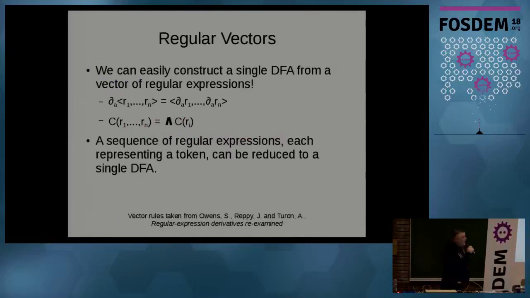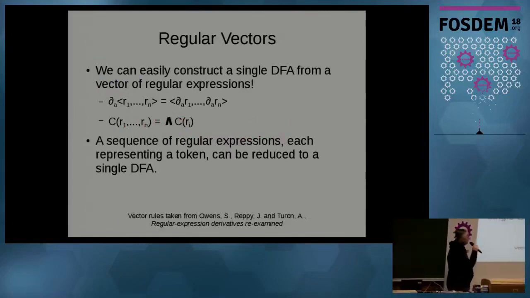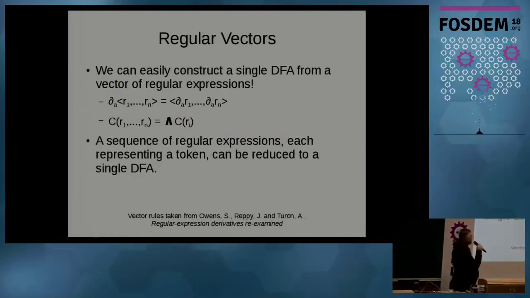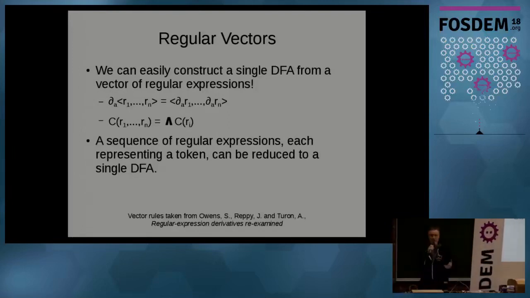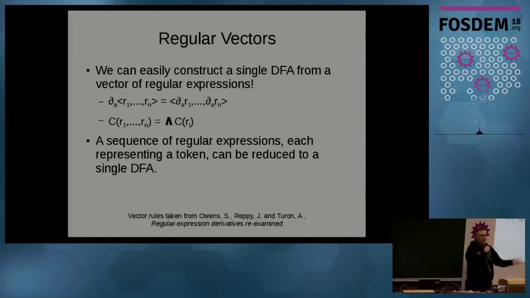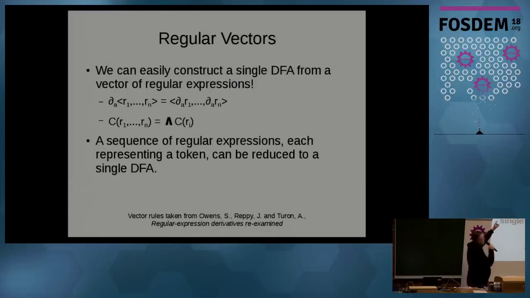And this is the last and perhaps coolest thing. Rather than do this for one regular expression, we can run this algorithm over a vector of regular expressions, a list of them. And that's very simple: if we want to take the derivative of a vector of regular expressions, it's just the derivative of each one.